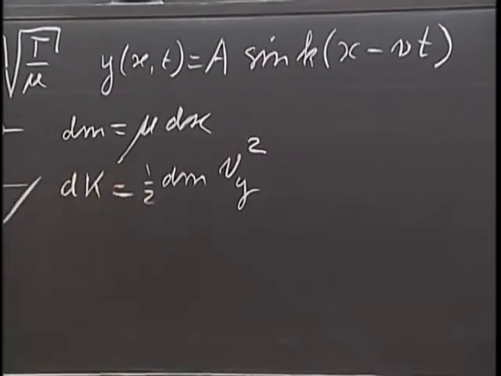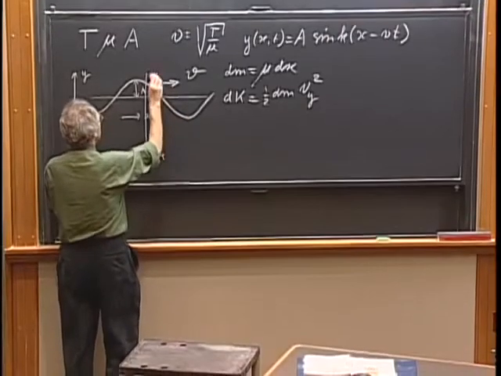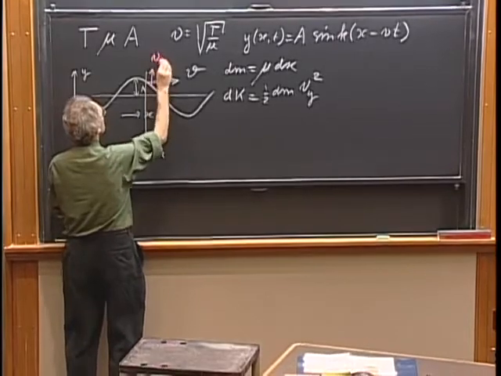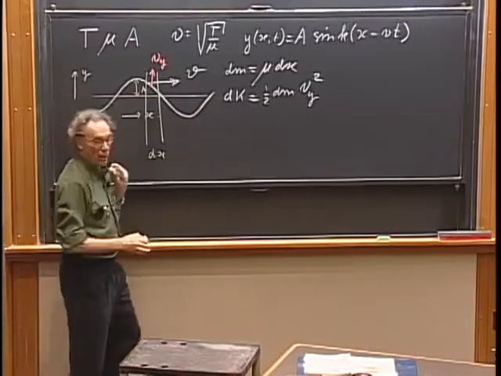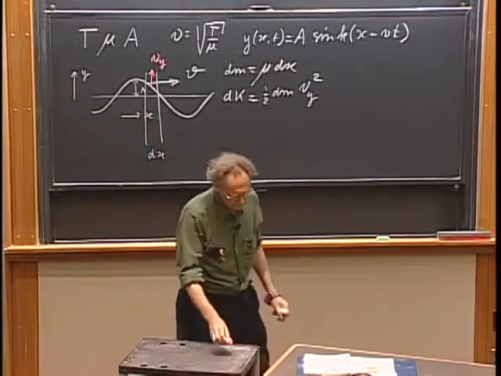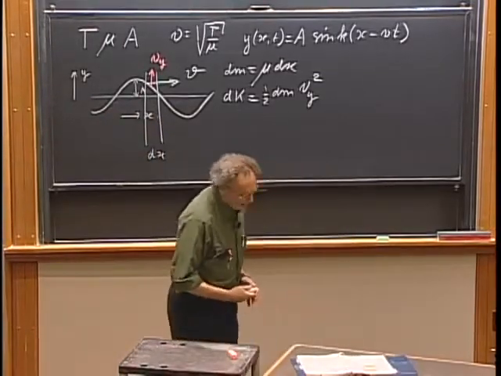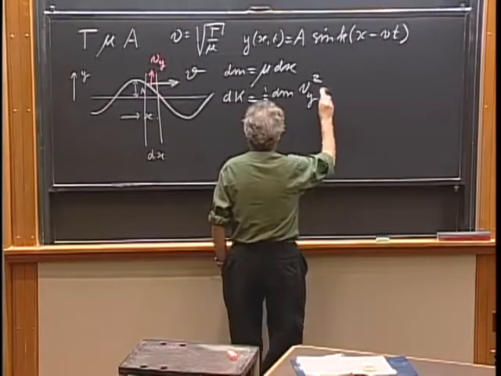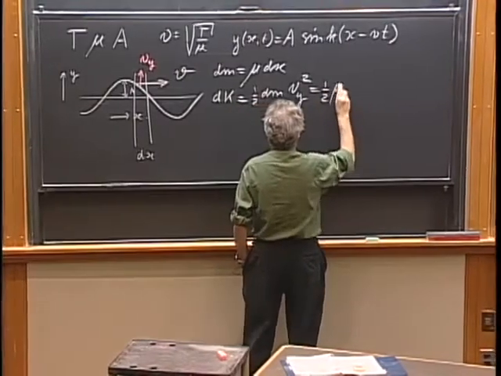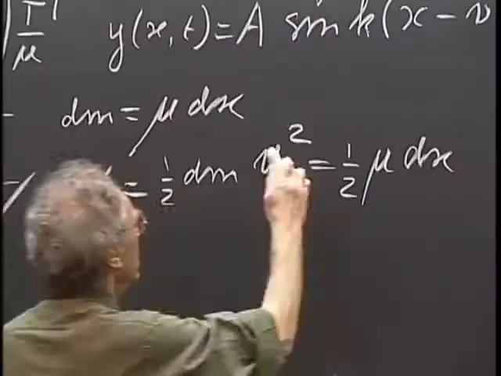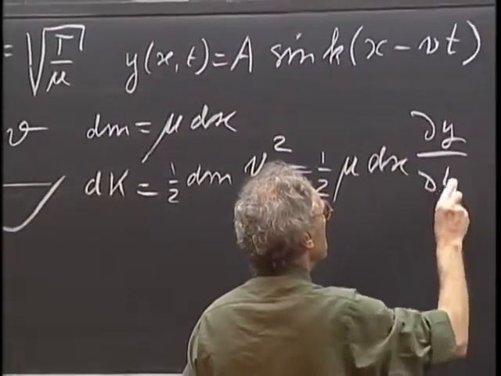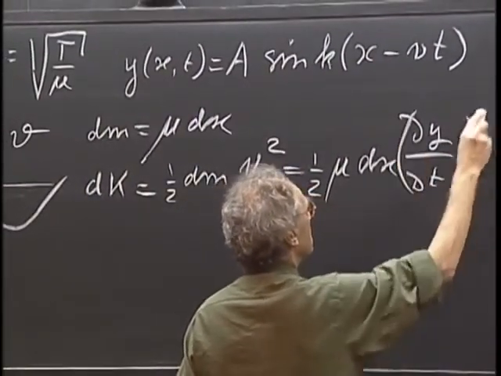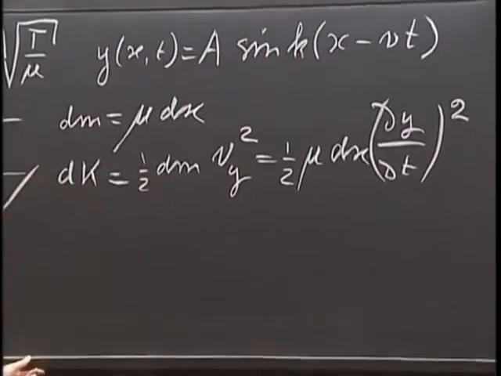If the wave is traveling in this direction, this material here is going up. A little later it will be more to the right, and so this is going up at this moment in time. So I can write for this 1/2 times mu times dx, and for v_y I can write dy/dt, squared. And so the question now is, what is dy/dt?